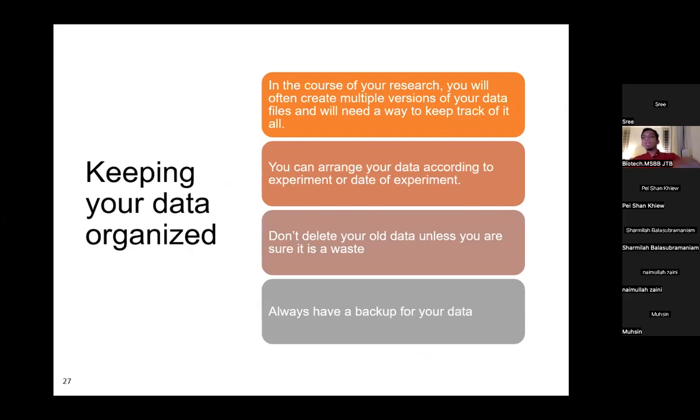All right, the next one is how to keep our data organized. In the course of your research, you will often create multiple versions of data files, and we need a way to keep track of them, right? It's very important when you do the research and collect the data, because the data is usually very raw.